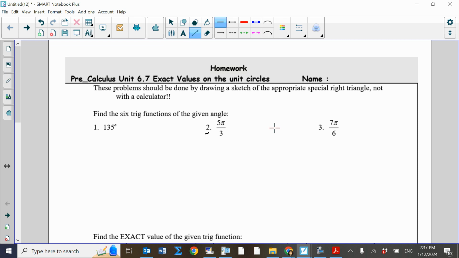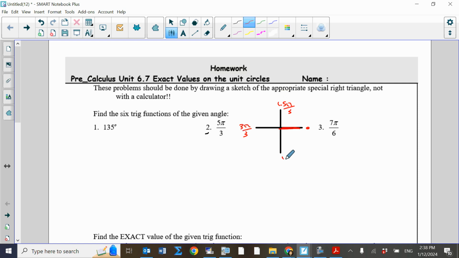So I'm going to start with graphing the angle and see where this angle is located. We start with the positive side of the x-axis. If we go all the way to this point, that's going to be 3 pi over 3. Half of the way from here to this point is 1.5 pi over 3, so each quarter is 1.5.